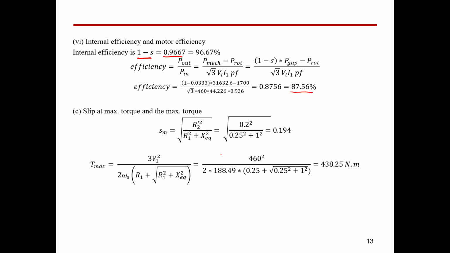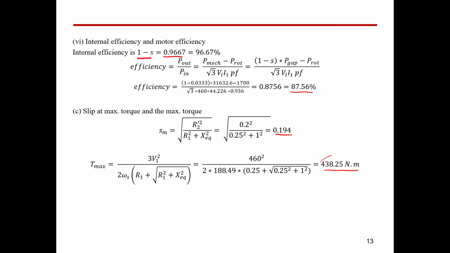S maximum is R2 prime divided by the square root of R1 squared plus X equivalent squared. Just substitute to get the value of S maximum, and then substitute in the T maximum relation, 3V squared divided by 2 omega S times R1 plus the square root of R1 squared plus X equivalent squared. So we have all the parameters, so we can substitute and get the maximum.